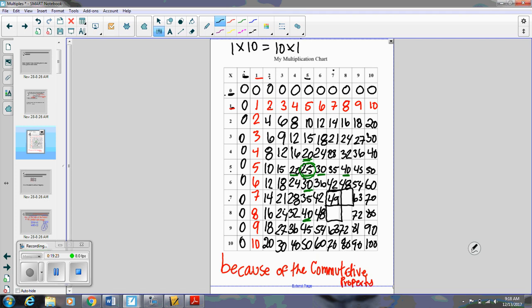If you know 7 by 7 is 49, and you want to figure out 7 groups of 8, or 8 groups of 7, I should probably say, add on one more group of 7. 49, 50, 51.